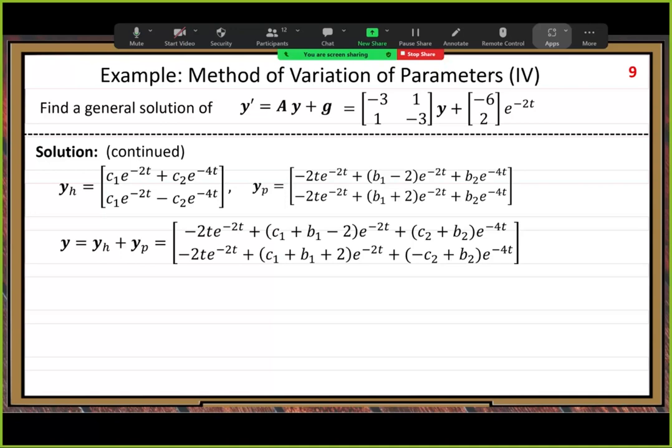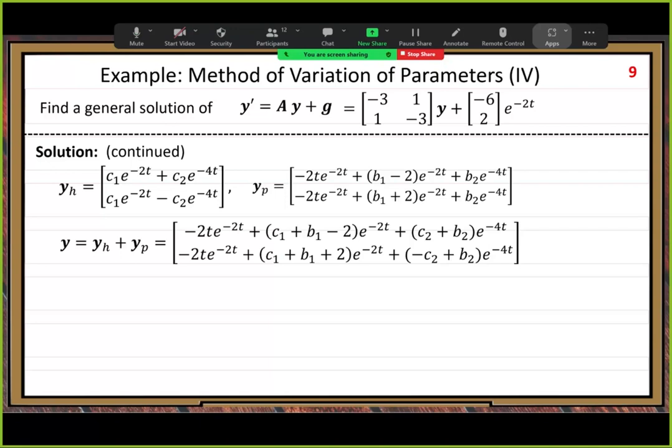How to make it a little simpler? C1, C2, B1, B2 are arbitrary parameters we can choose, and they are independent, so you have a lot of freedom to choose these four parameters.